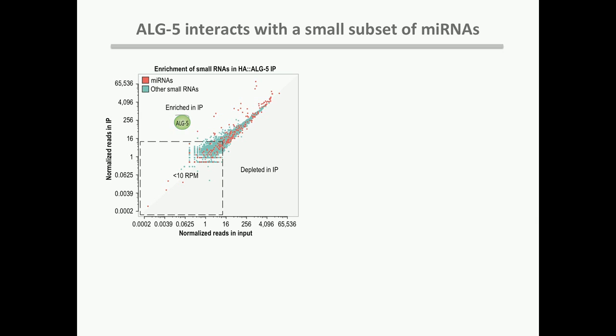And you can hardly see the shading here, but small RNAs that are in that shaded region off to the right, of course, would be depleted in the IP, and small RNAs that are enriched in the IP will be on the left-hand side of the plot. And interestingly, the majority of microRNAs shown by these red dots are actually depleted in ALG-5. There's only really a small subset of the roughly 300 microRNAs in C. elegans that are actually enriched in the ALG-5 IP.